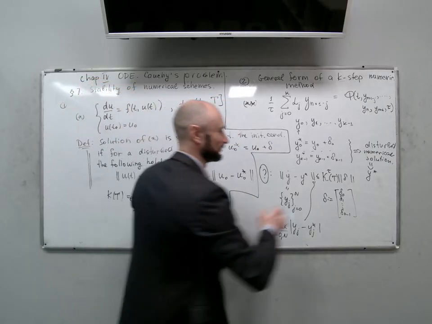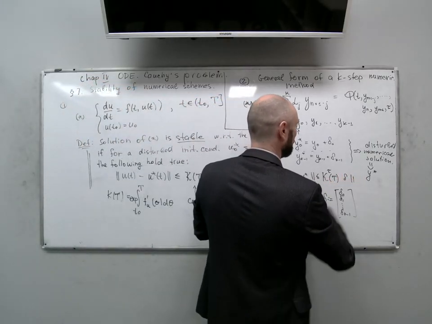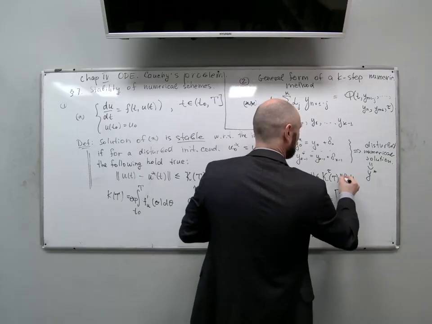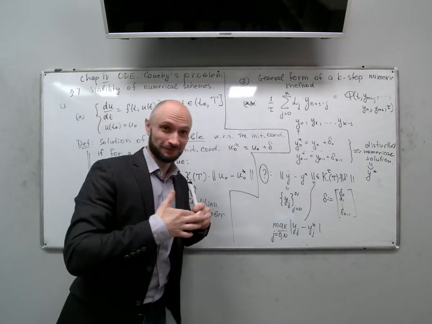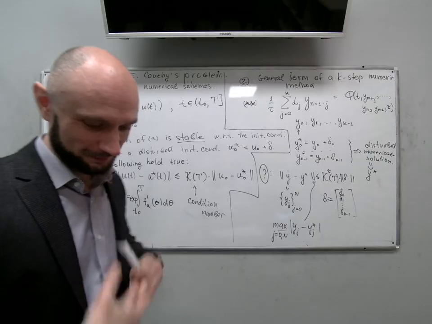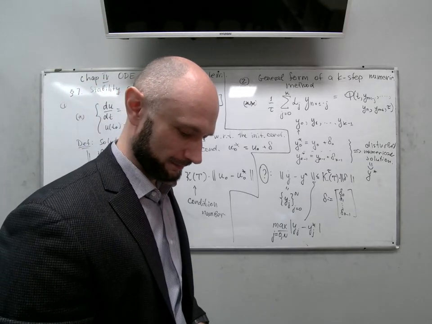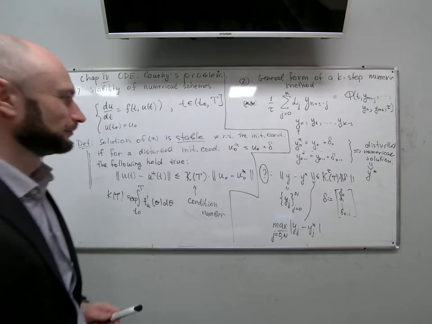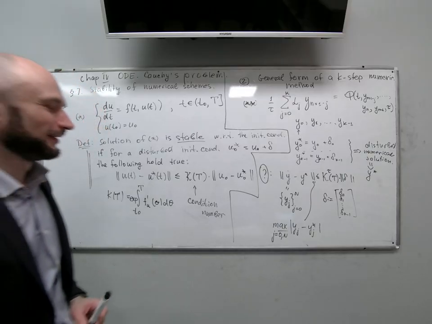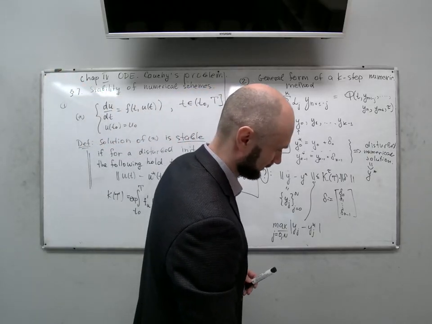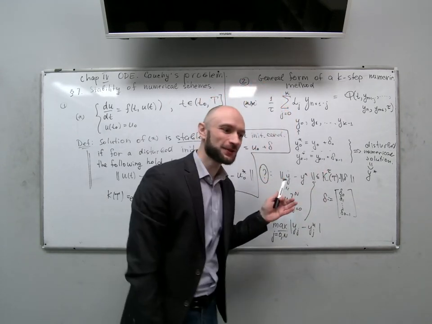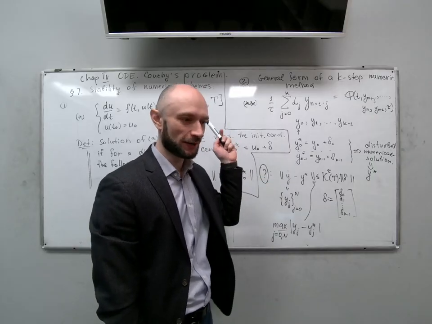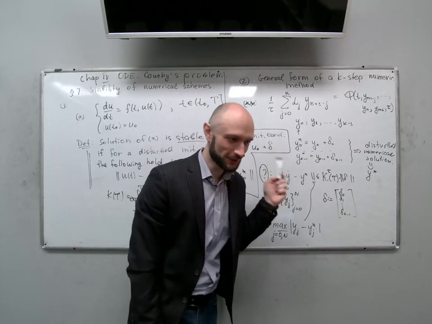Why don't we like the dependence on tau? Well, we know tau, we choose it. Every time we start solving the problem star numerically, we have to choose tau.